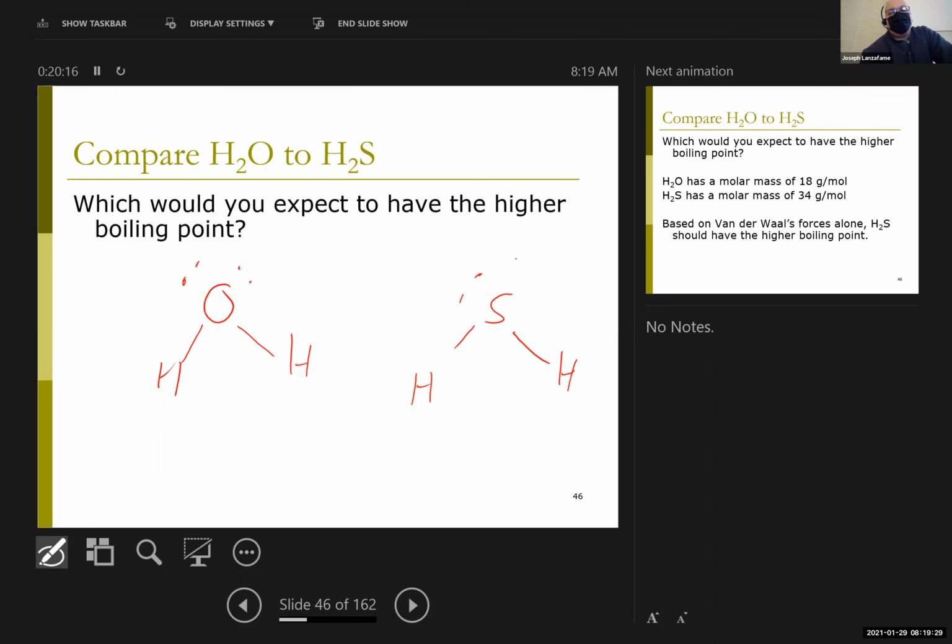One has the sulfur in the middle, the other has the oxygen in the middle. Hydrogen and sulfur, not as polar as hydrogen and oxygen, but also sulfur much larger than oxygen.